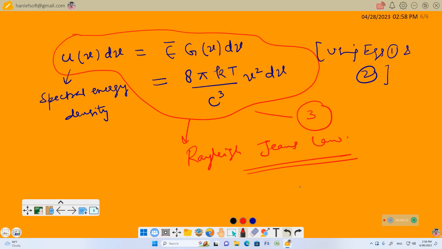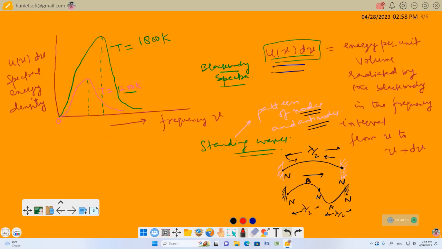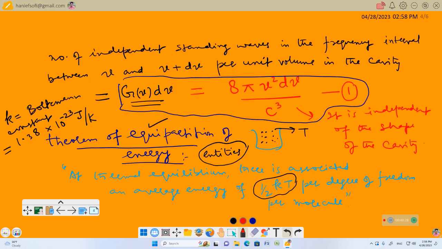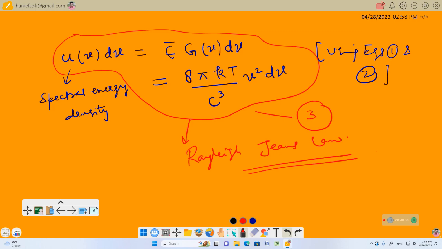We have obtained it. Now the question is whether this equation, if plotted with frequency at some particular temperature, can produce these curves or not. That we will discuss in the next lecture. Now I first summarize this result.